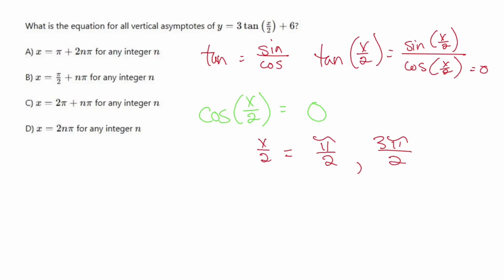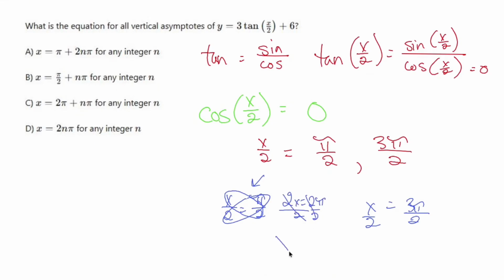So basically what we could do is set this up as 2 separate equations. X over 2 is going to equal pi over 2, and x over 2 is going to equal 3 pi over 2. Okay, cross multiply, 2x equals 2 pi, divide both sides by 2, x equals pi is one of my possibilities.